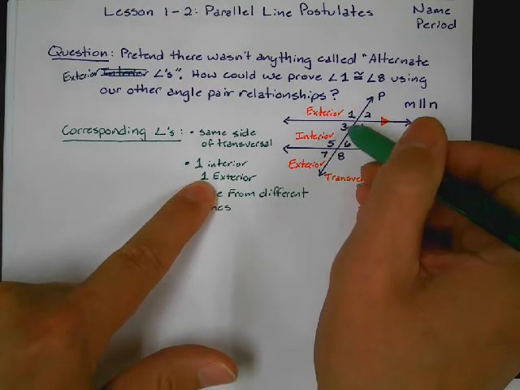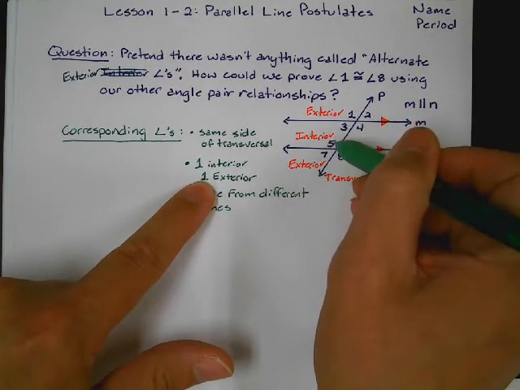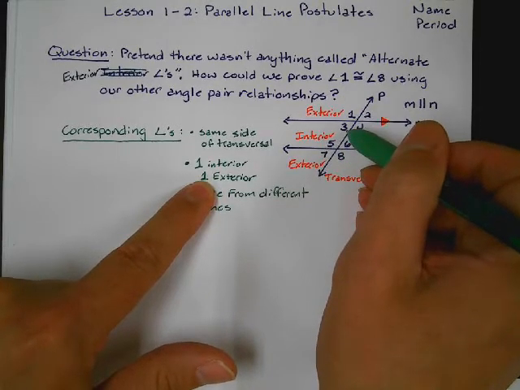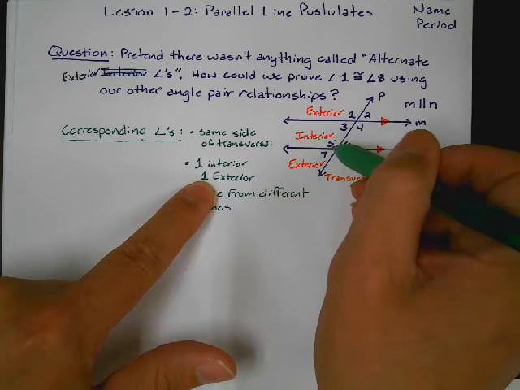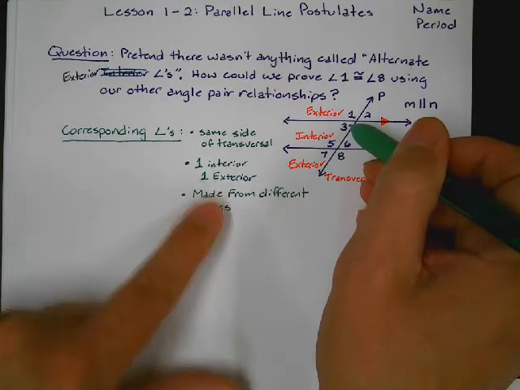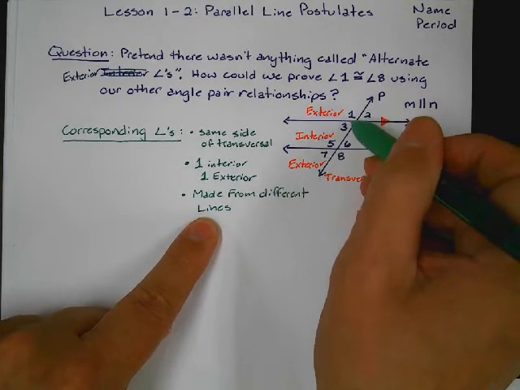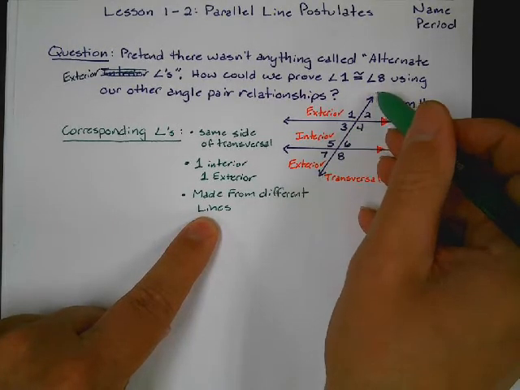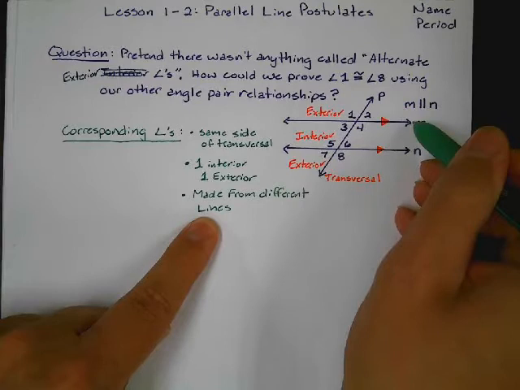Well, I've got two interior angles on this side of transversal. I've got angle 3 and angle 5, but only one of those is corresponding to angle 1. The one that we're going to look at is angle 5. Now, why not angle 3? Because angle 1 and angle 3 are made from the same two lines. They're both made from P and M. So we can't make the same angles from the same lines.